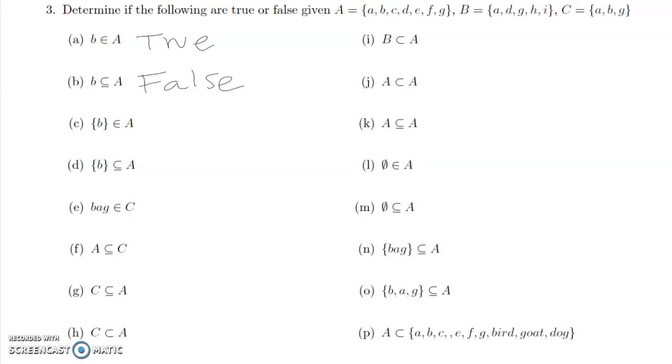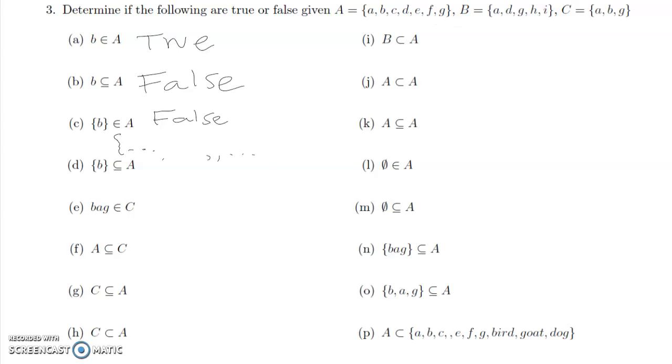Sometimes this one gets a little tricky to think about because B is indeed an element of A. But notice that amongst the list of the elements of A, there is no set containing B. What that would have to look like is we would have to have something where A has some stuff written, and at some point in the comma-separated list, there would have to be a set containing B. There'd have to be a B in curly braces, which is not the case for the set A. So this set containing B is not an element of A. This is a false statement.